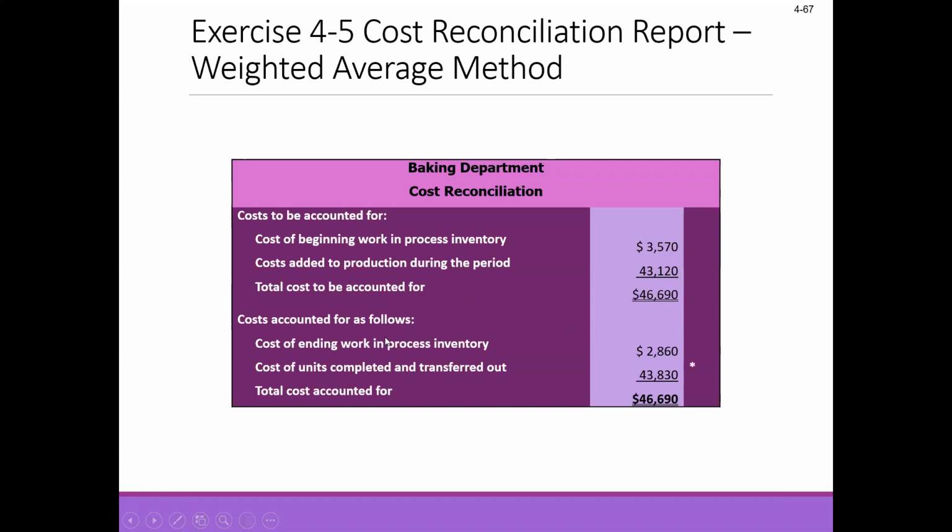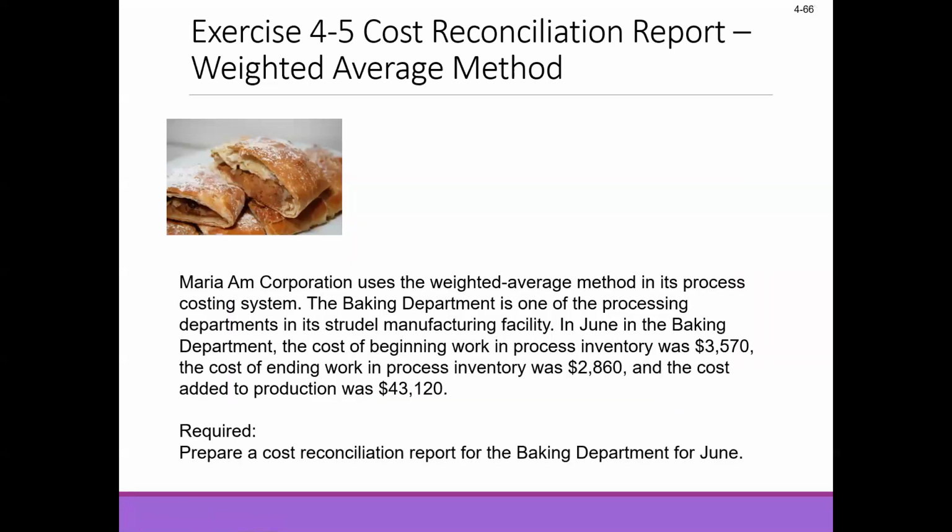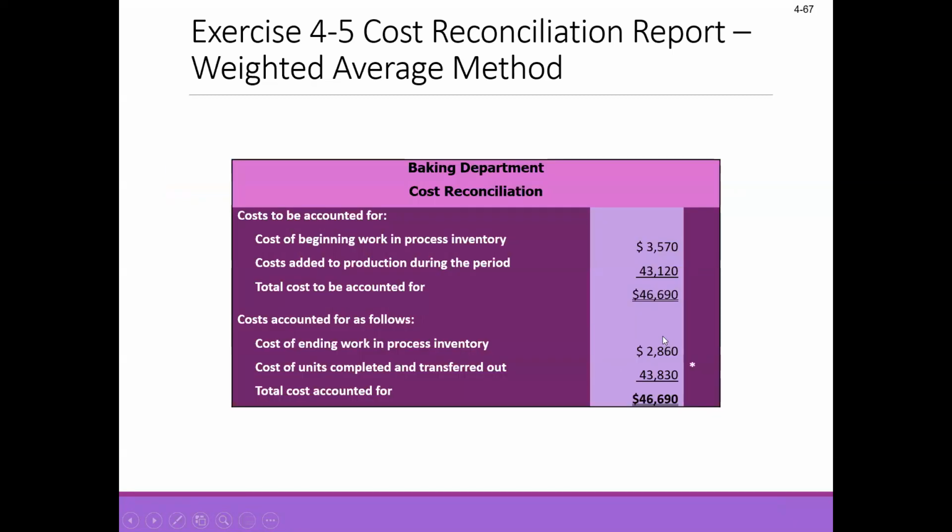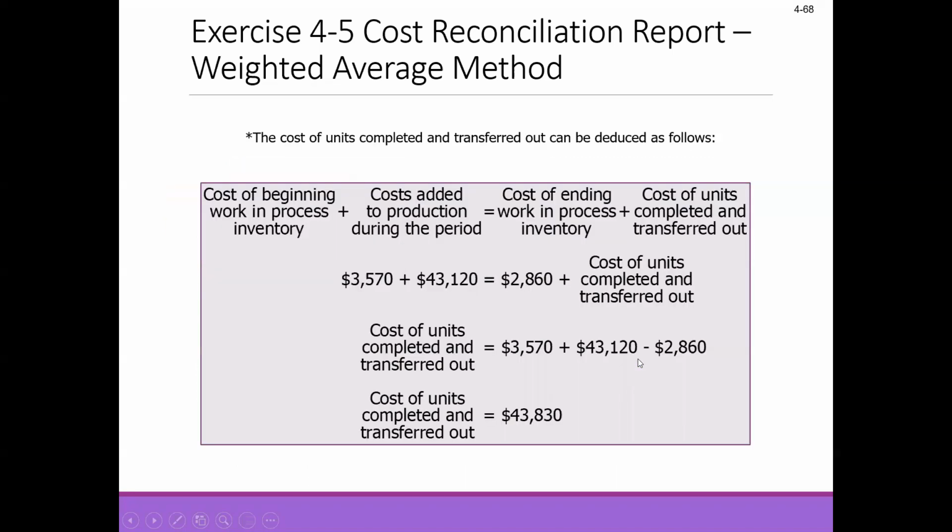We'll have the cost of ending work in process and the cost of units that were transferred out to give us the 46,690. It shows us the cost of work in process at the ending period of 2,860. So we know this is a plug-in. This is the amount that was transferred out.